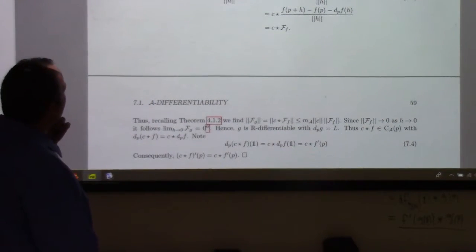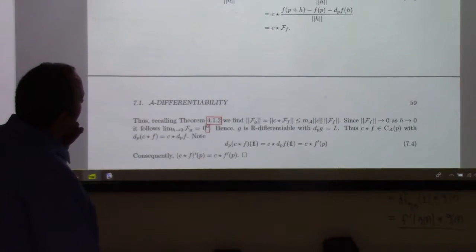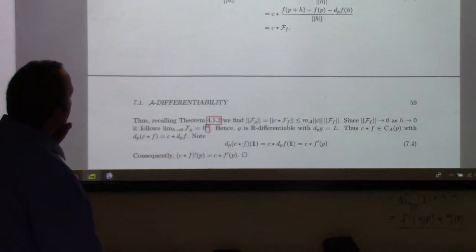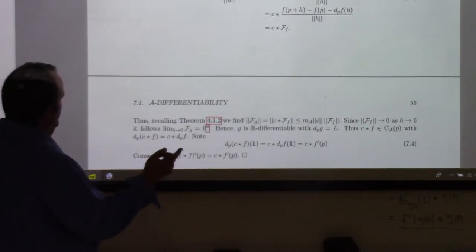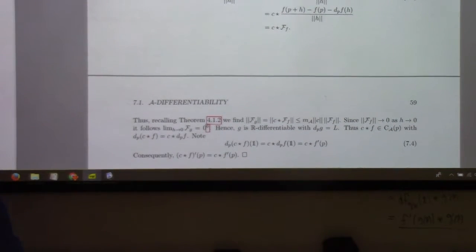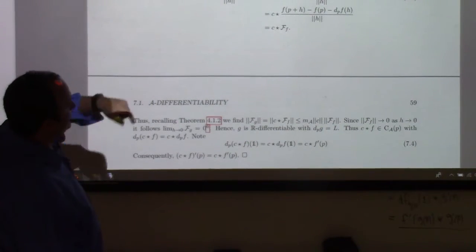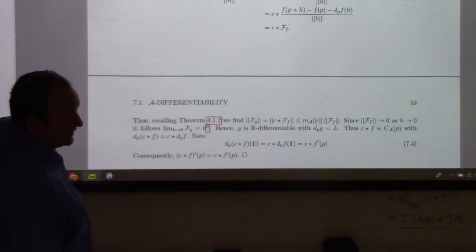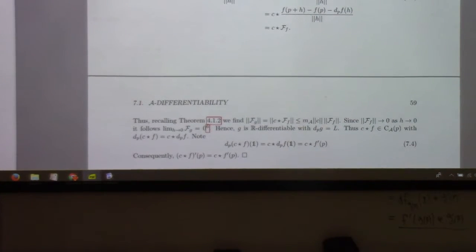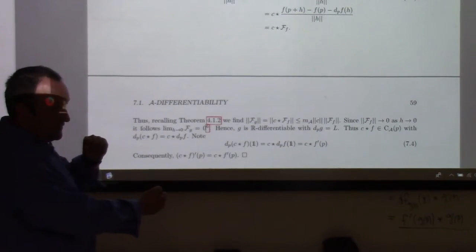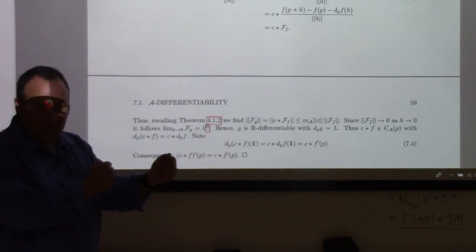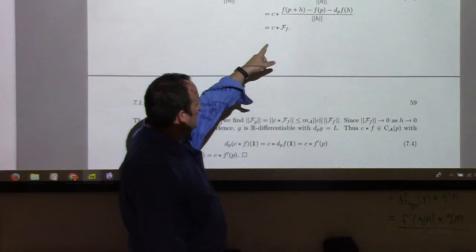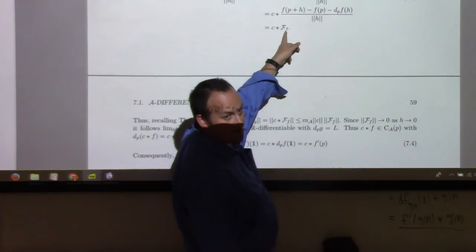If I have two functions, f and g, excuse me, this is just the proof of c times f being differentiable, not the product of f and g. But this gives you a sense of how you'd prove it without relying on the product rule. You can face the Fréchet quotients directly. You can show that the Fréchet quotient of c times f is the same constant times the Fréchet quotient of f.